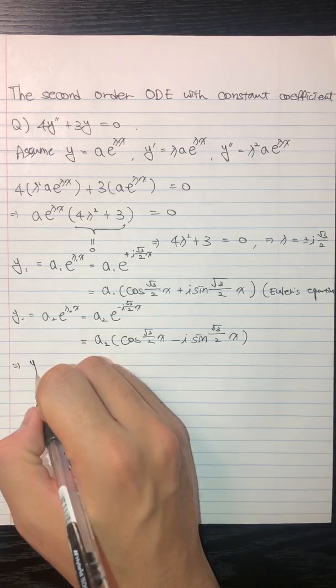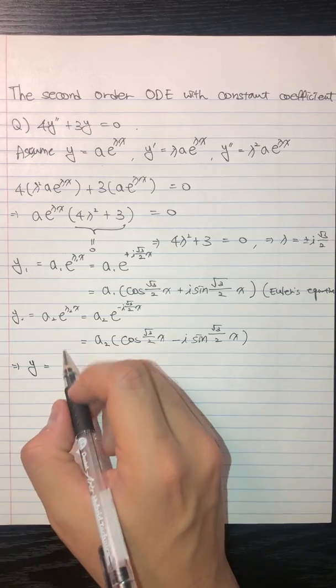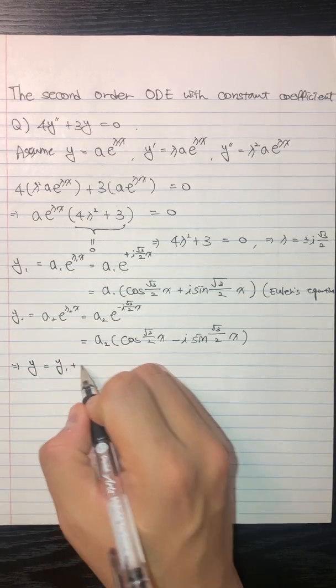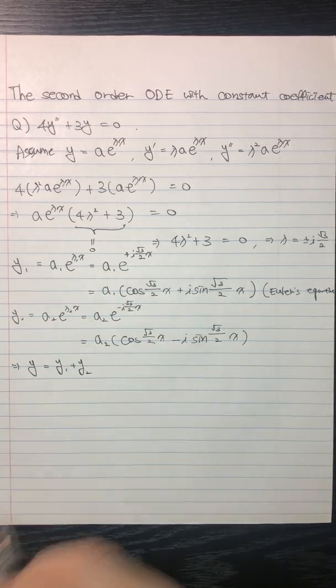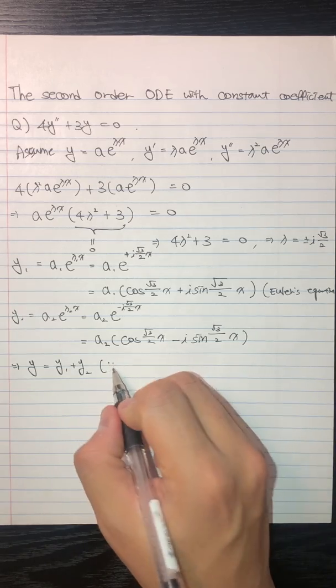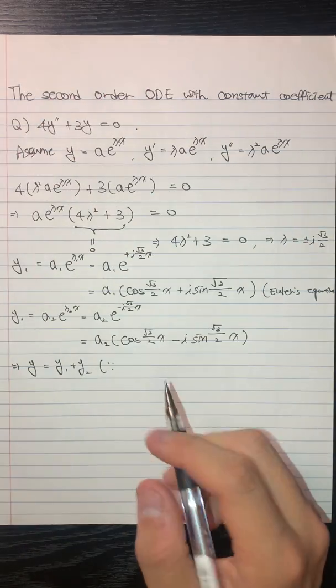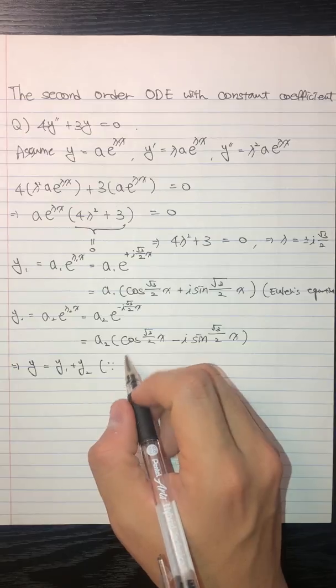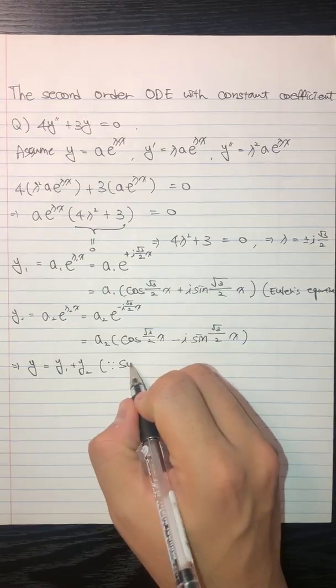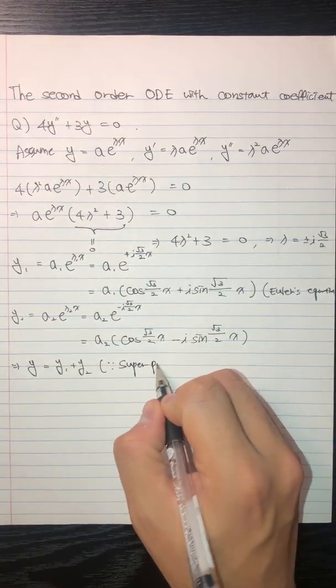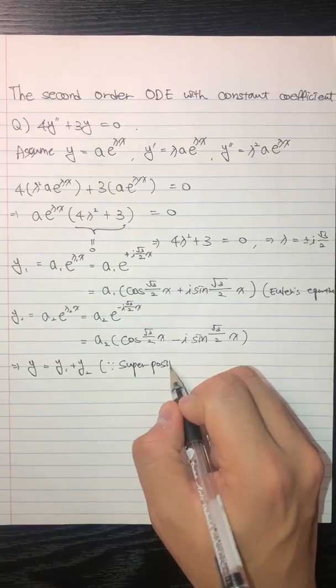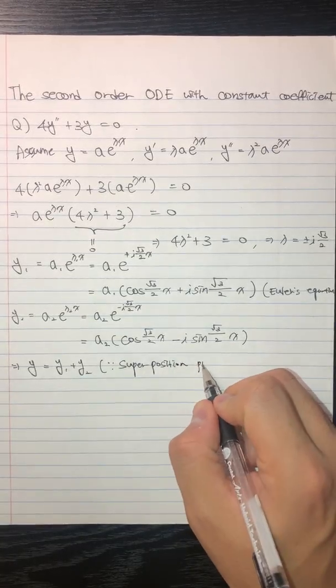So we can find the answer like y1 plus y2, right? Why? Because the system is linear, so we can use the superposition principle.